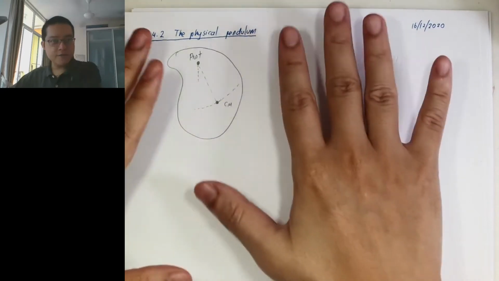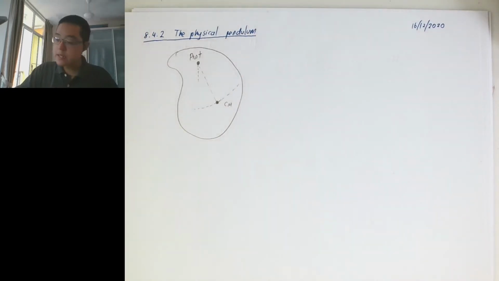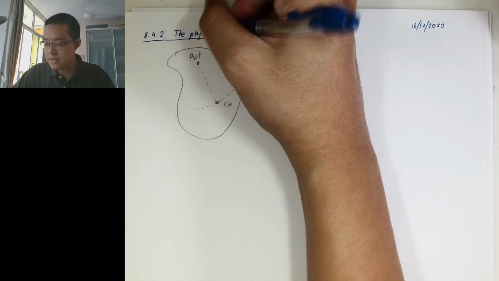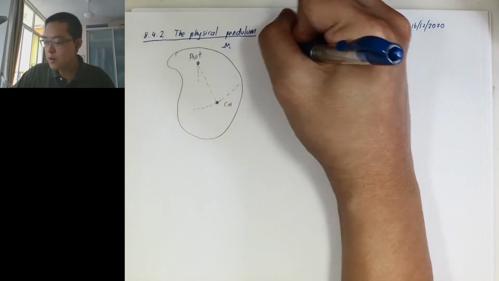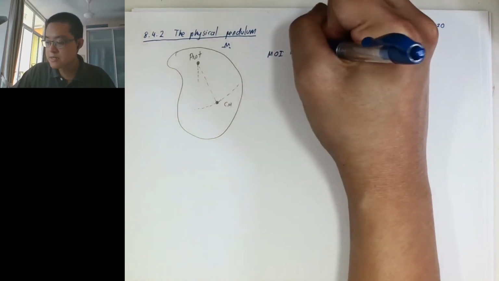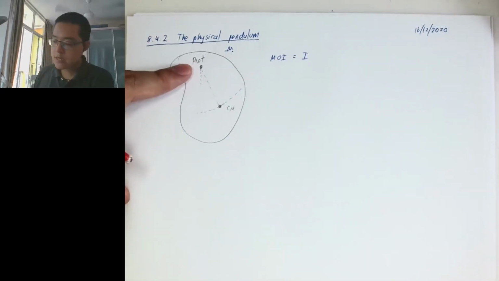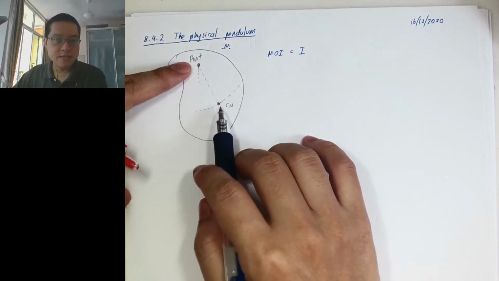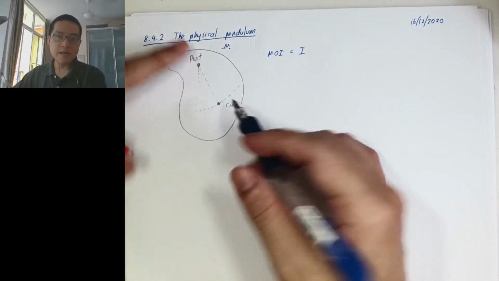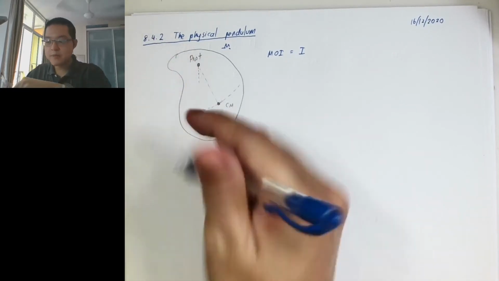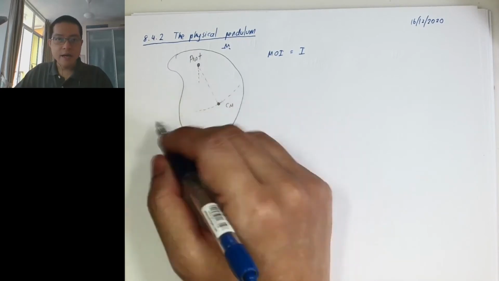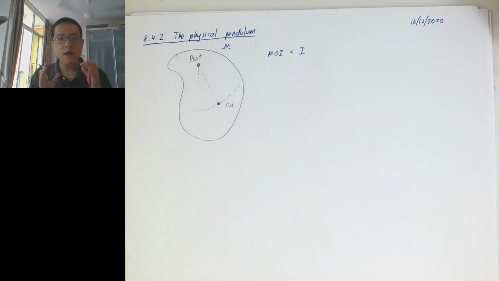So let's say I have an object of any shape, and the total mass is m, and the moment of inertia of this object around the pivot is I. And then let's say my center of mass is here. If I push this a little bit, the center of mass will oscillate and the whole thing will oscillate, and we want to calculate the frequency of oscillation.